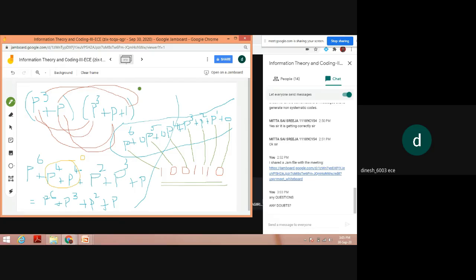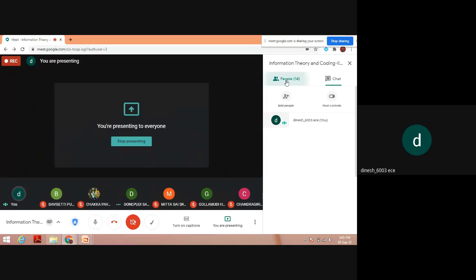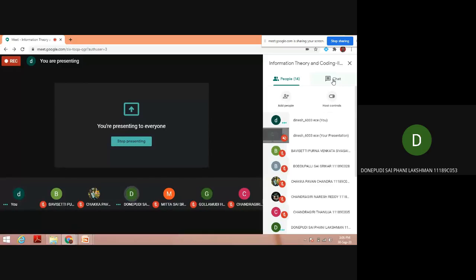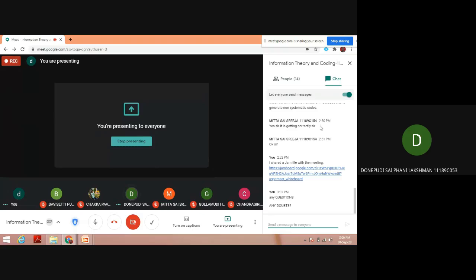I think you have given the access only for university mail ID, sir. But you are in university mail ID only now. Yes, sir. I have joined the meet with university mail ID, but my Chrome is running with my personal mail ID, sir. Oh, okay. So the browser should be in that mode. Yes, sir. Okay, let me check that also. If we change that, the total history and all will be saved in that, sir.